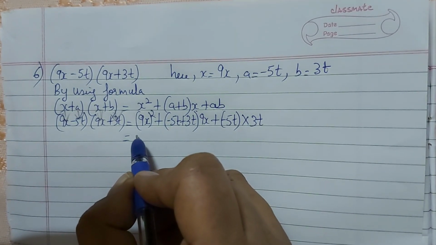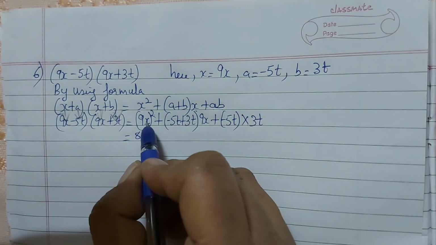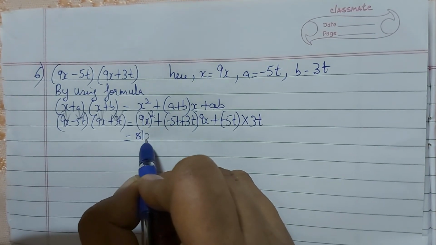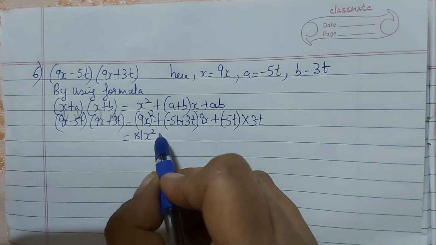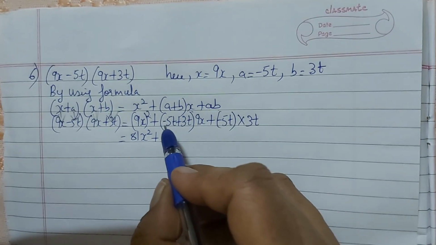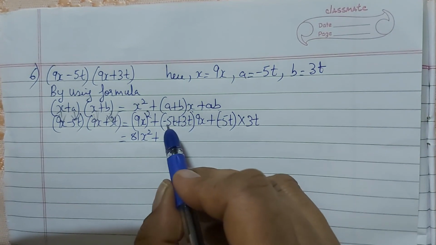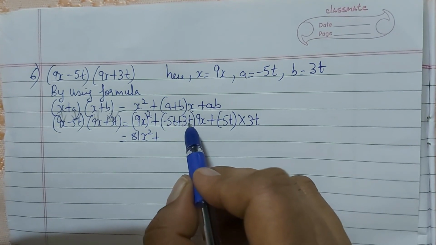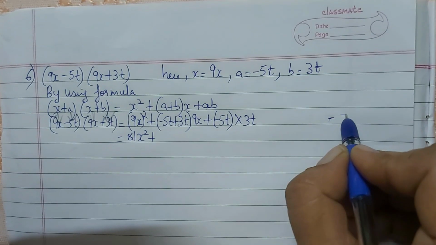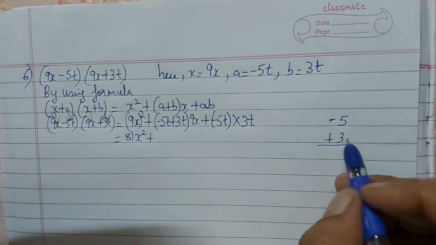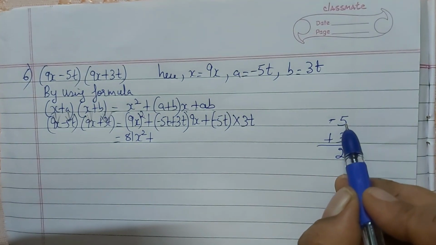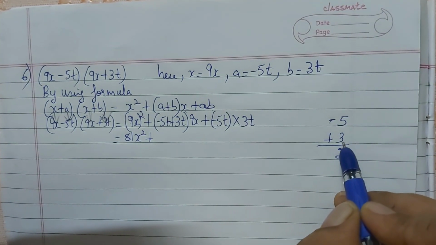x multiplied by x is x square. Now we are going to put this plus sign. Now minus 5t and plus 3t. Okay, so minus 5 plus 3 is 2. Now this number is big and this number is small.